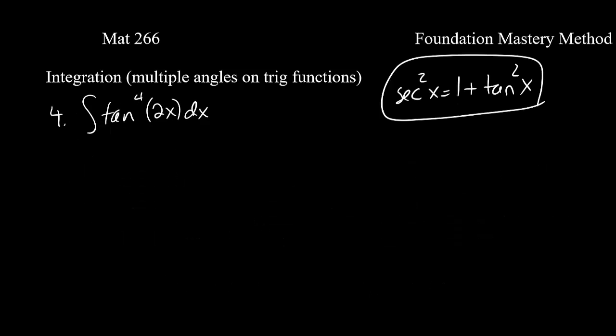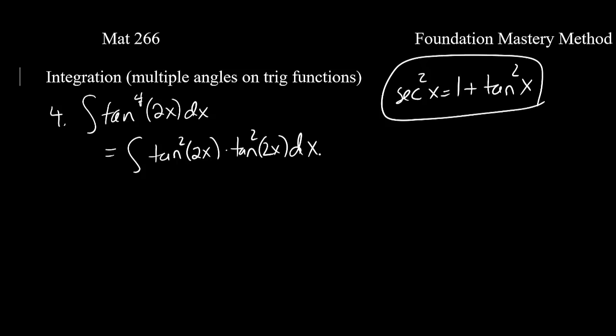Now let's look at an example that involves an even power of the tangent function, namely tangent to the fourth of 2x. So what we want to do is introduce some secant powers into this problem. So we're going to think about this as the integral of tangent squared of 2x times tangent squared of 2x.